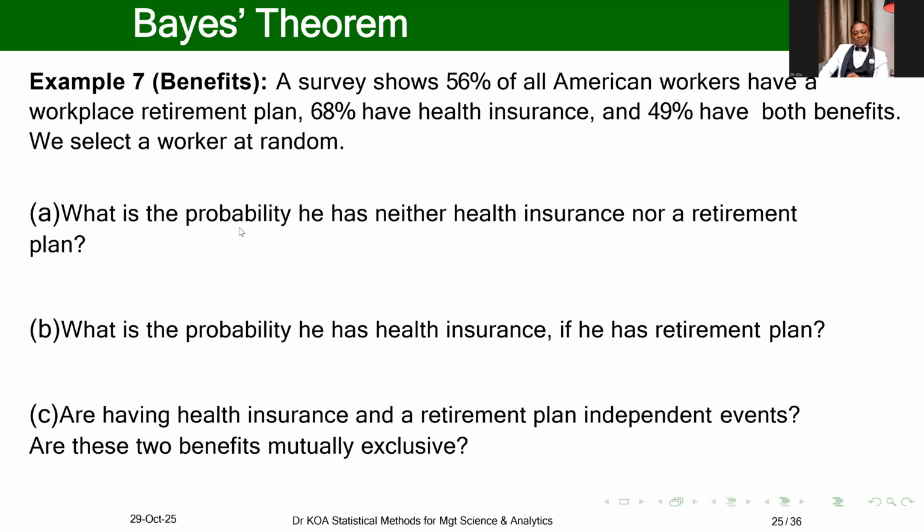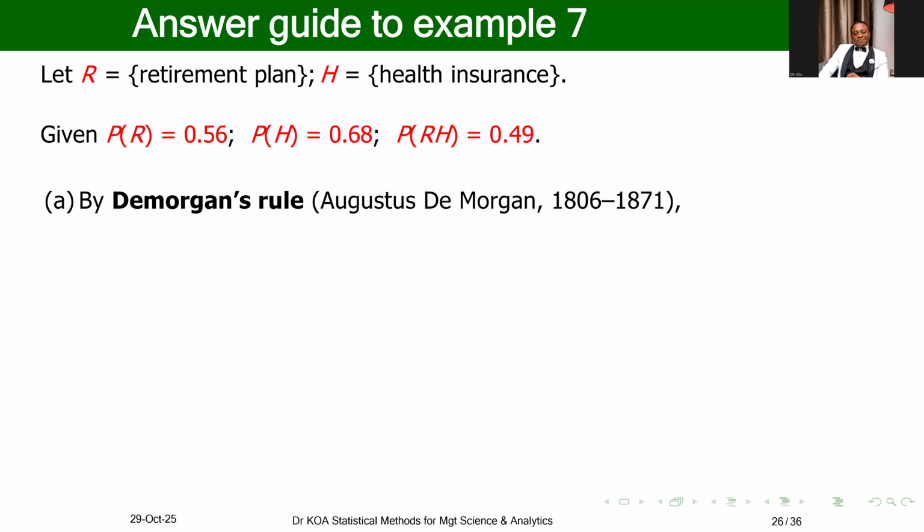So we come here, we've already identified this. Using De Morgan's rule, according to Augustus De Morgan, we can say that the probability of R complement intersection H complement is 1 minus the probability of the union of R and H. In short, what are we looking for?